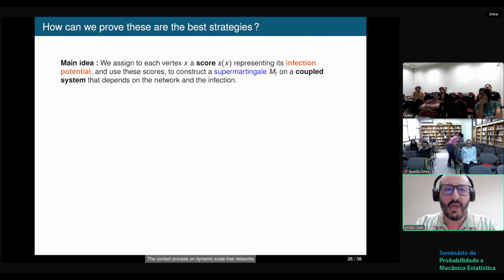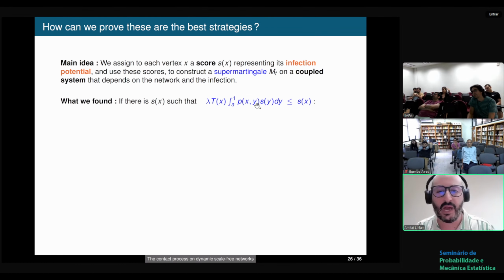Okay, so I'm just going to quickly say that the more complicated part of this proof is to show that there are no better strategies, or that the infection dies out. And this is done using a super martingale argument in which we construct another system which we couple, which is a little bit more resilient. And what we do is we define a super martingale and define a scoring. The scoring represents what is the infective potential of a vertex.